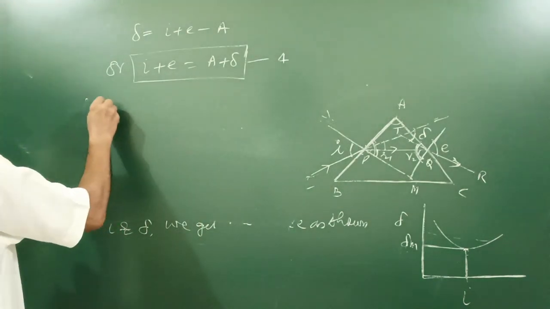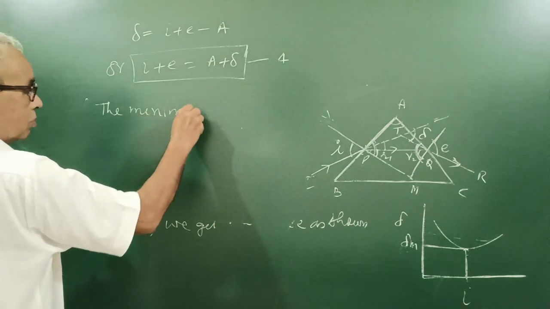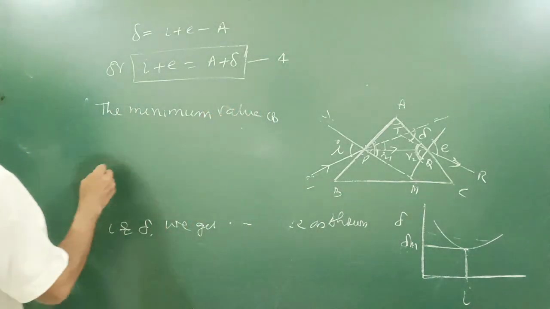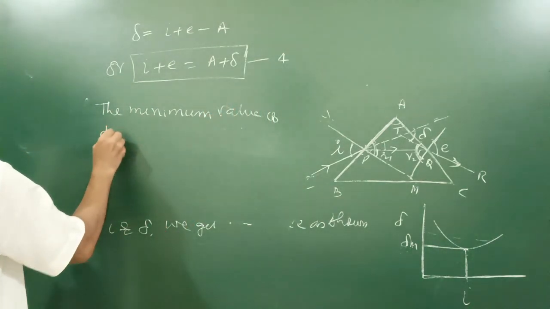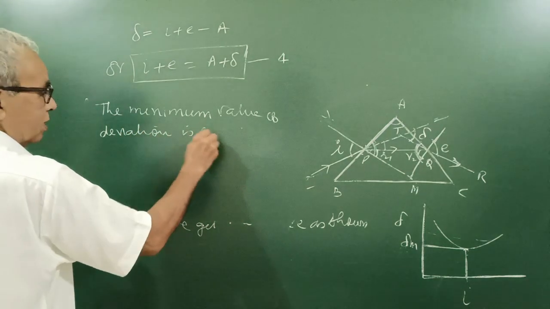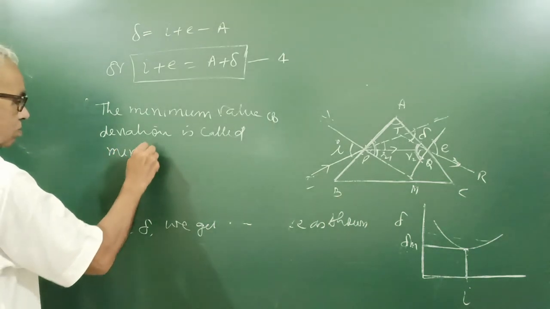The minimum value of deviation is called minimum deviation.